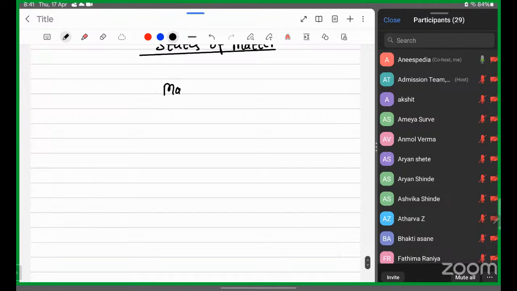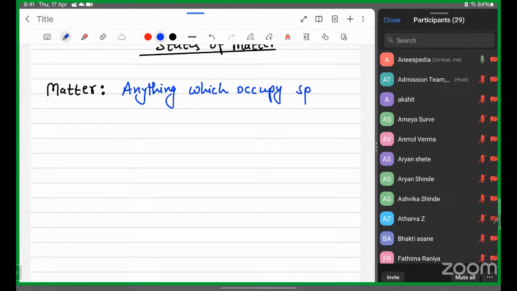First of all, what is matter? Matter is anything which occupies space and has mass.